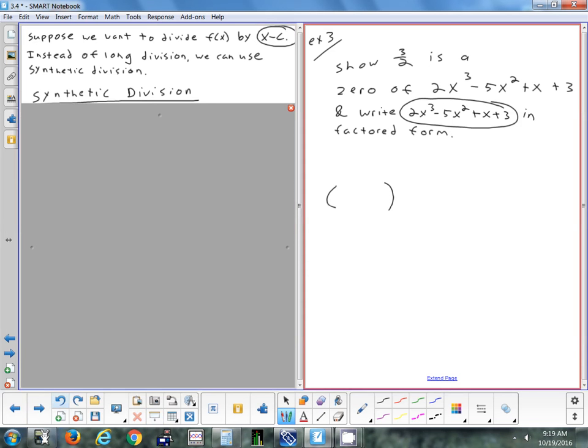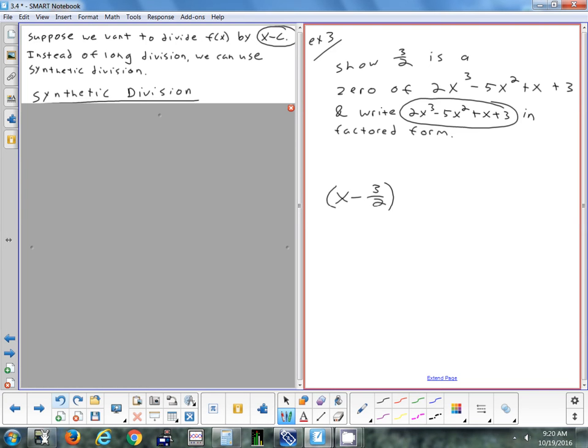Yeah. Okay, so if you're telling me that 3/2 is a root or a 0, that's the same as saying x minus 3/2 is a factor. So what I'm really going to do is I'm not going to show that 3/2 is a 0. What I'm really going to do is show x minus 3/2 is a factor by doing long division. Well, actually synthetic division. But that's the same thing.